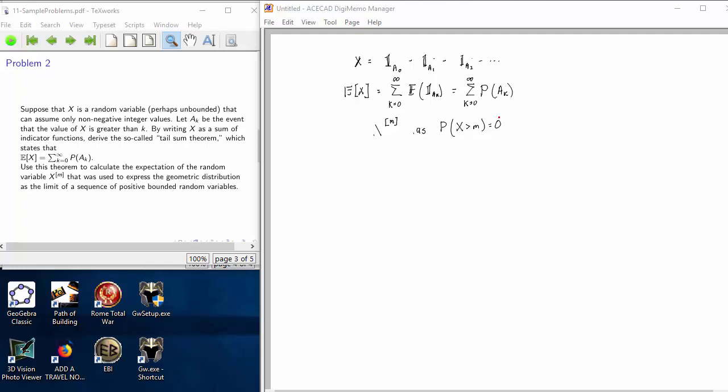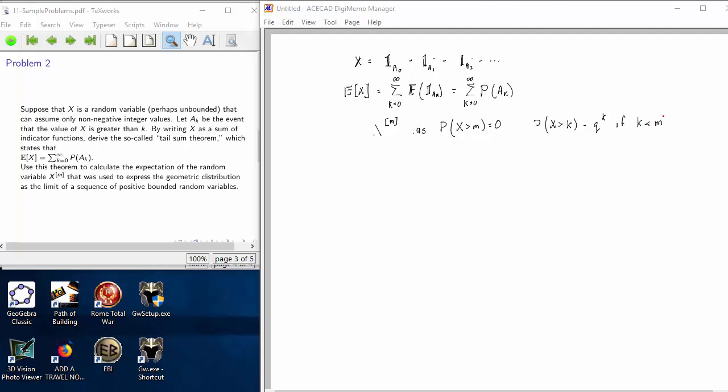And now, if we're considering the specific random variable that has the geometric distribution property, that is, the probability that you get failure on the kth attempt is q, then the probability that x is greater than k, that we have to go beyond k trials to get success, is q to the k, but only if k is less than or equal to m.